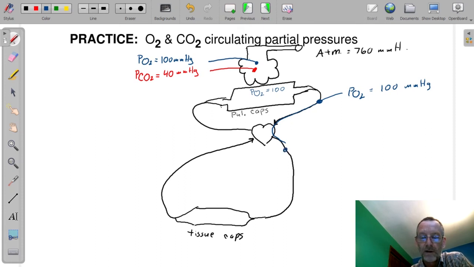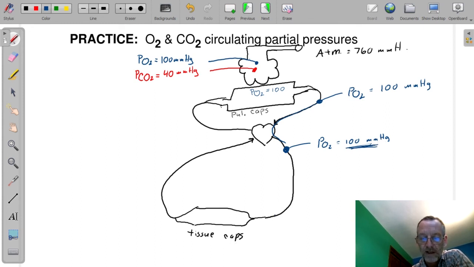So again, the partial pressure of oxygen is still 100. It'll stay that way until it gets to the tissue capillaries. Regardless of the level of exercise, whether you're sitting on the couch or running as hard as you can, it'll still be basically 100. What will change is at the tissue level.